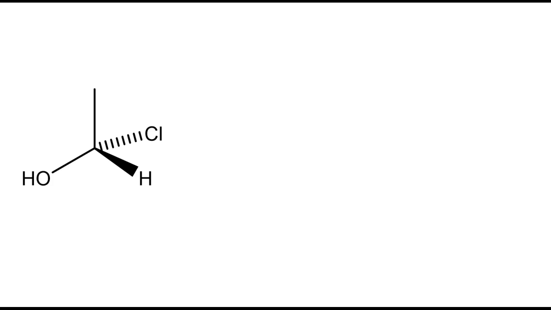The hydrogen is coming towards us, and the chlorine is going into the plane of the paper or away from us. If we think about rotating this molecule slightly, so the hydroxide and the methyl group are now pointing away from us, we would see that both of the hydrogen and chlorine atoms are now coming towards us.